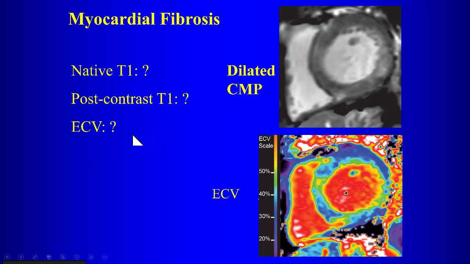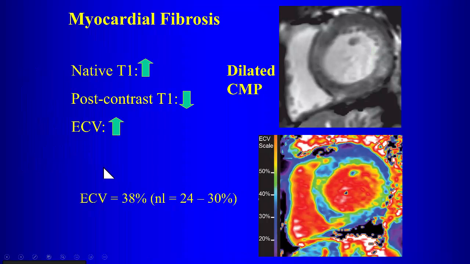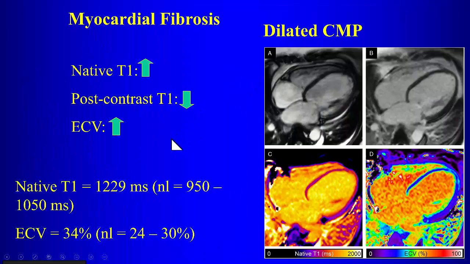It goes up. Right. Okay. And then you can generate these color-coded maps. This is how it's done: you can arrange the colors however you want, for colors that are lower than normal, higher than normal, and normal. And then you can generate those color-coded maps. Okay? So native T1 time goes up, post-contrast T1 time goes down, ECV goes up.